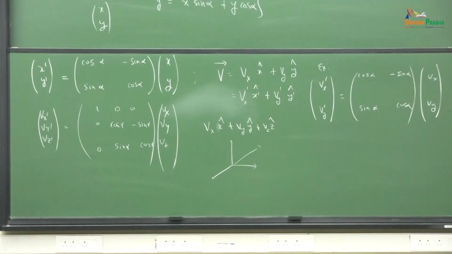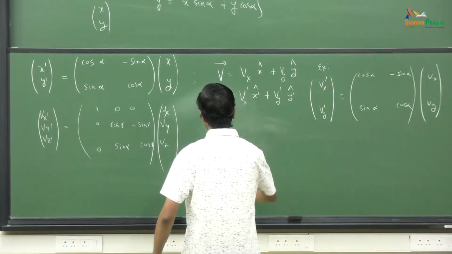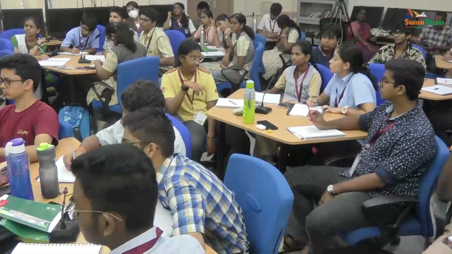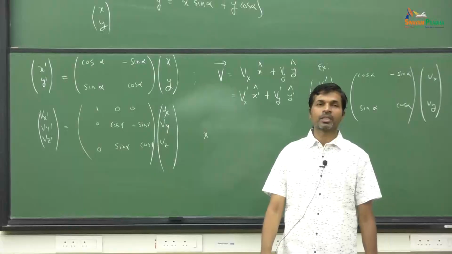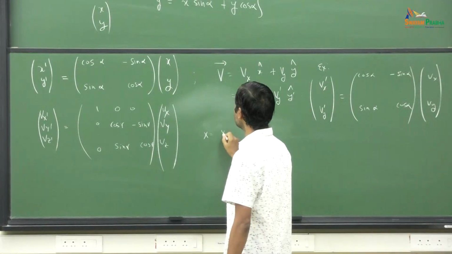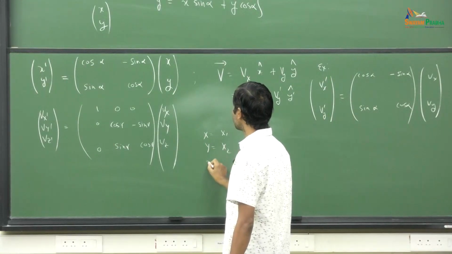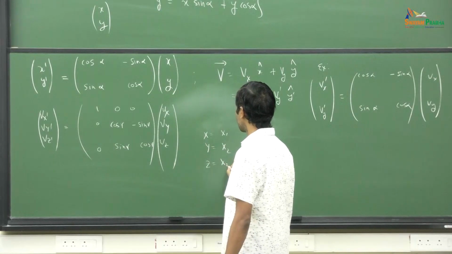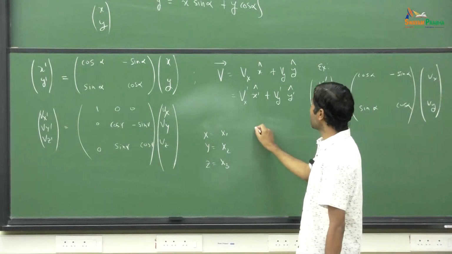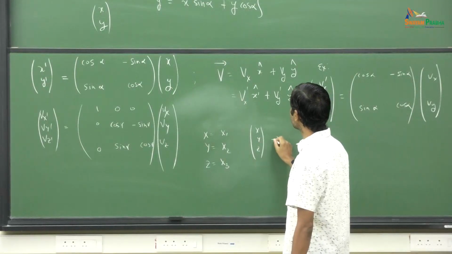But let's do it in a slightly more abstract way, because that is also going to help us in understanding something more. I will introduce a new notation. I will say x is x1, y is x2, and z is x3. So this x, y, z, I will represent it in terms of indices.